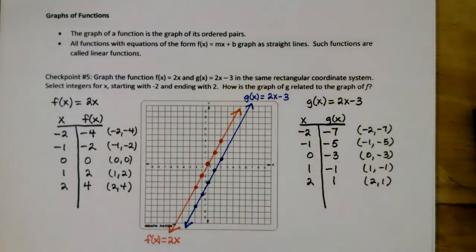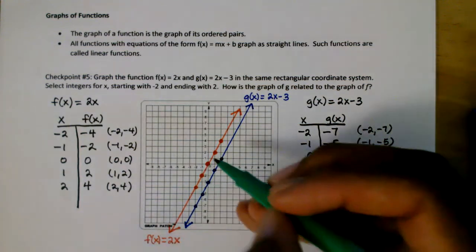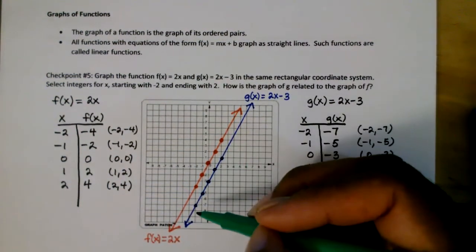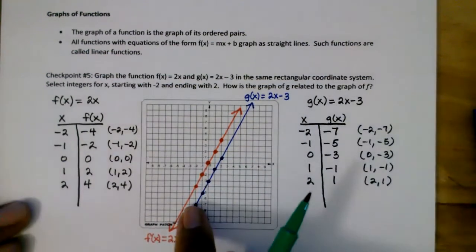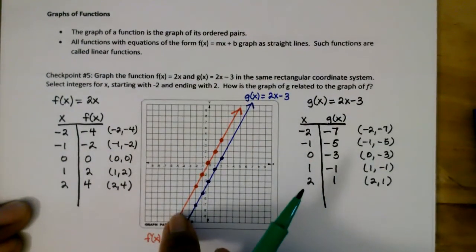Okay. Now, how is the graph of g related to the graph of f? Well, the one in red is your f of x, the one in blue is your g of x. Notice that the graph of g of x is the same as your f of x graph.